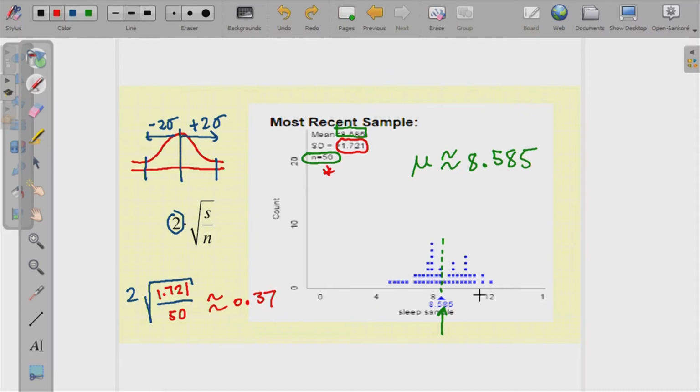And what exactly does that mean? Well, that is our margin of error. So basically what we're going to do is use that in conjunction with our sample mean. We're going to look at 0.37 hours on either side of that value. So for example, if I go 0.37 below, that's going to be 8.215. And if we go above, that's going to be 8.955.